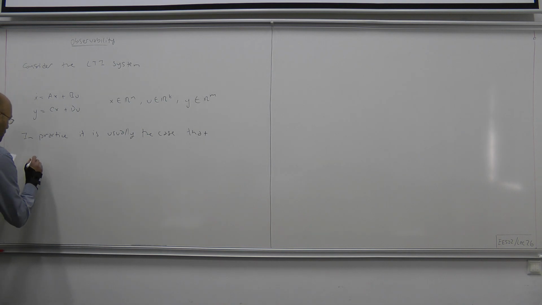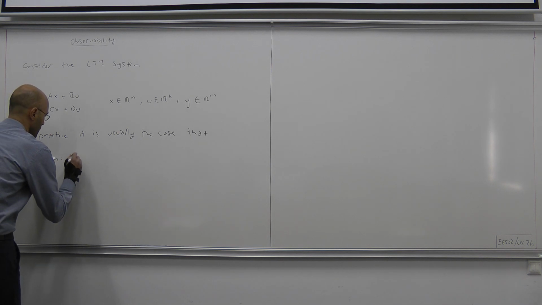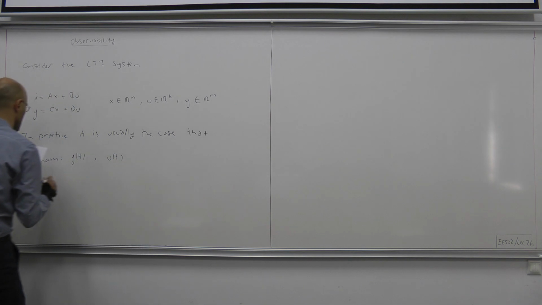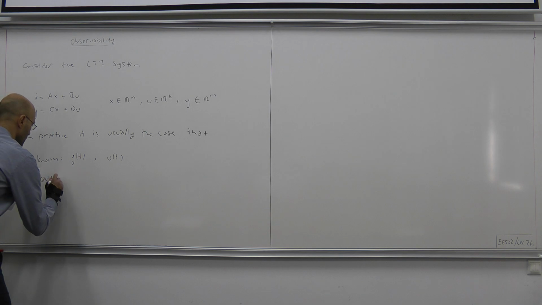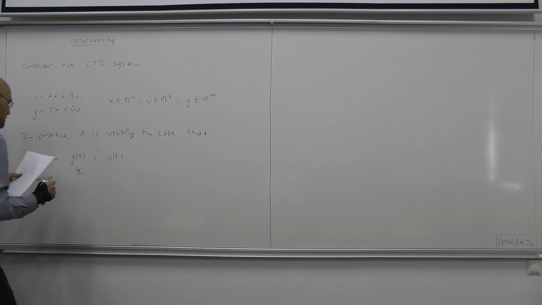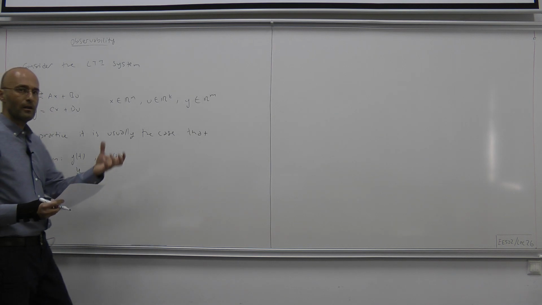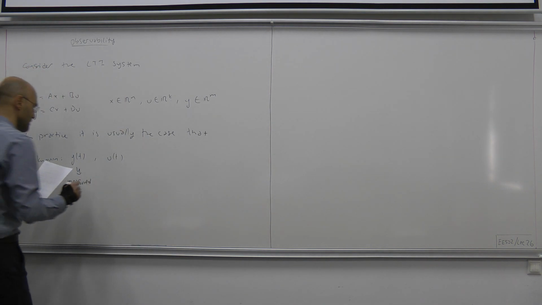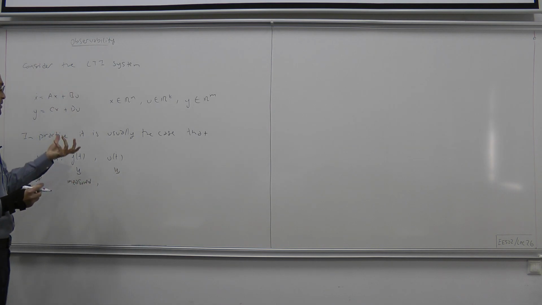We know y of t and u of t, and the reason is what I just explained. y of t is measured, so we collect that information from our sensor readings, and u of t is our control input.